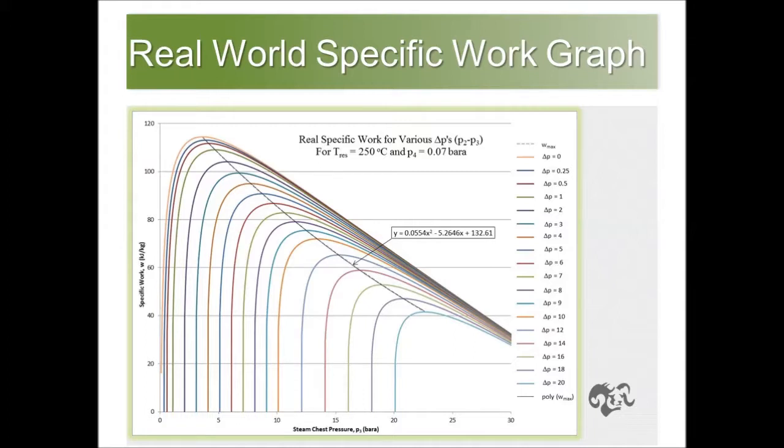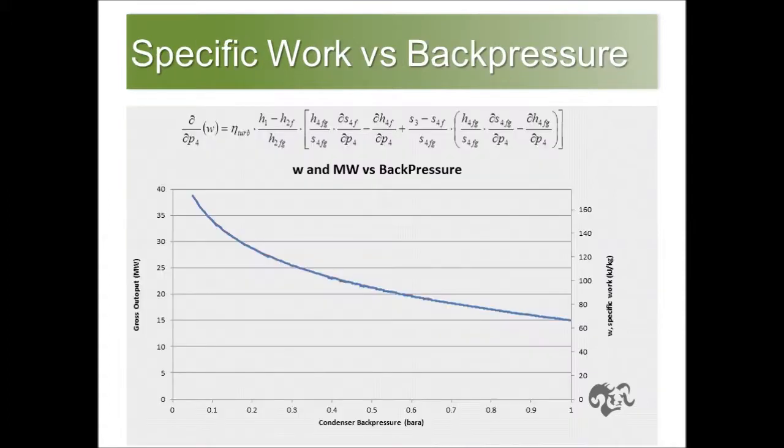For any given set of reservoir temperature, condenser back pressure, and pressure loss between the separator and the steam chest, there's a specific work curve with a maximum value that can be calculated. Differentiating the specific work equation with respect to the condenser back pressure lets you put a hard number on the money you're losing if you don't operate at the lowest back pressure possible.